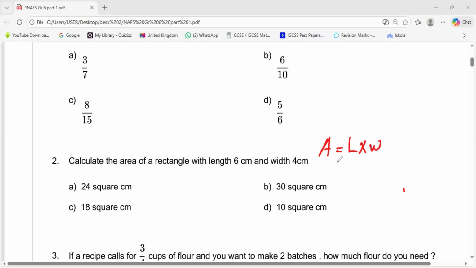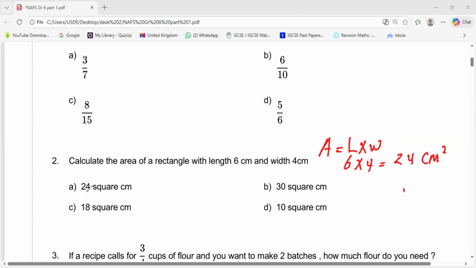You just multiply 6 multiplied by 4, and you have to know that the area is 24 centimeter square. If I ask you to find the perimeter, it's just with centimeter, and the volume is with centimeter power 3 or centimeter cube. So the answer is 24 centimeter.